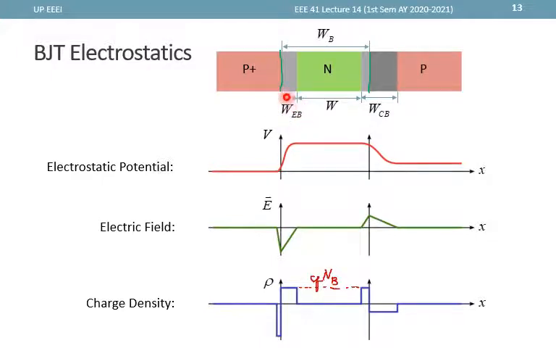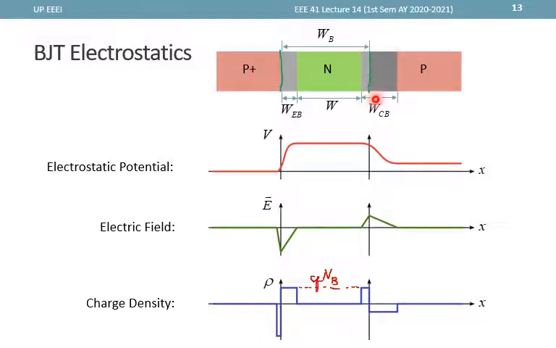So WEB is the total depletion width at the emitter base junction, although most of it falls under the base. The depletion width for the collector base junction is WCB, and some portion of it falls under the base.